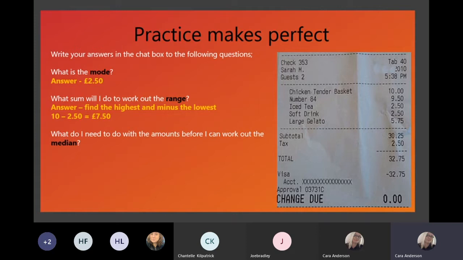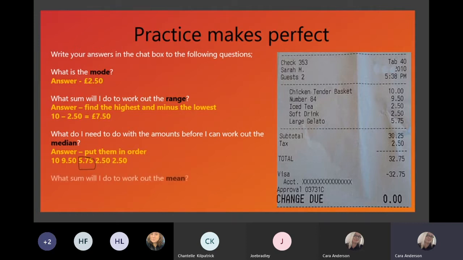Yeah, well done, Ben. Yeah, I need to put them in order. So either lowest to highest or highest to lowest, either or. It will help me obviously work out what that middle number is. So in this example, I've chosen to go from the highest down to the lowest. And then you can clearly see with my really bad drawn circle that 575 comes out in the middle.